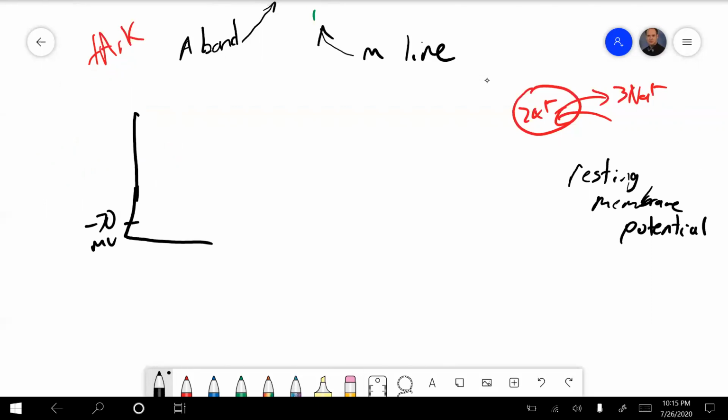I'm going to put another number here. Negative 55 millivolts. I'm going to redraw my graph, so bear with me.